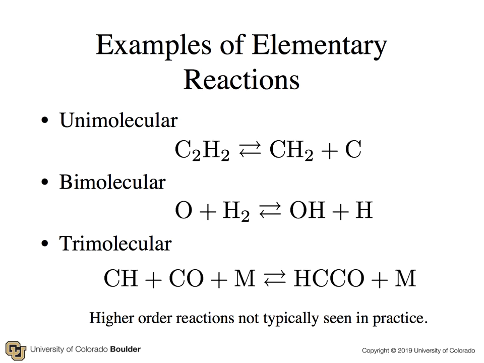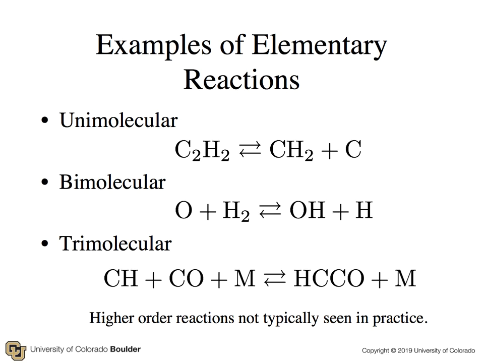Here are some additional examples of elementary reactions. The first is a unimolecular decomposition of acetylene, and that's where acetylene falls apart into CH2 plus C. In a more formal way of writing that reaction, there'd be an M on each side because, of course, acetylene isn't going to fall apart all by itself.